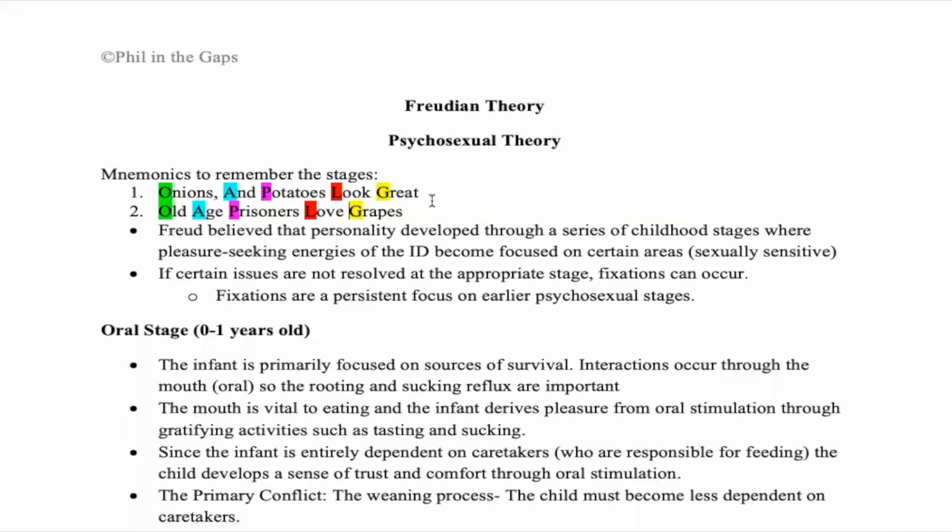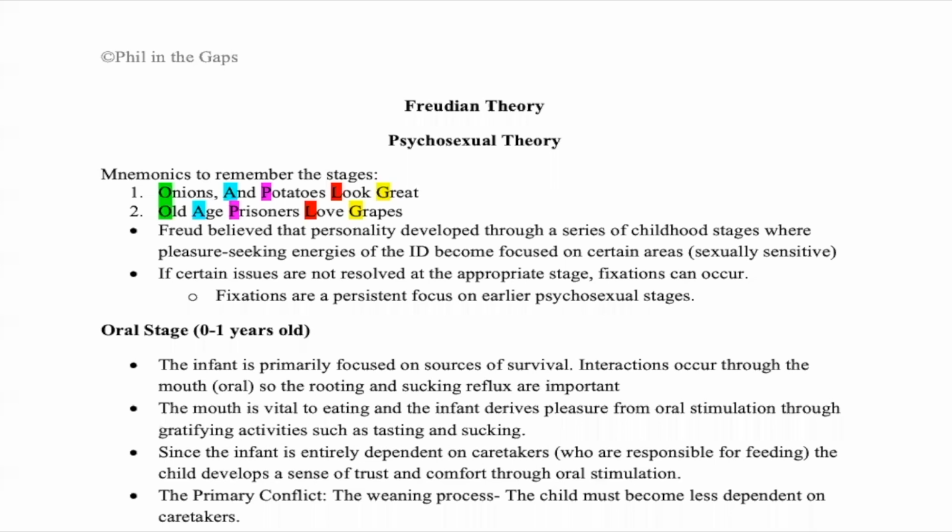If certain issues are not resolved at the appropriate stages, fixations can occur. So somebody could be stunted within some of these stages and not progress unless the fixation is rectified. So fixations are a persistent focus on earlier psychosexual stages.